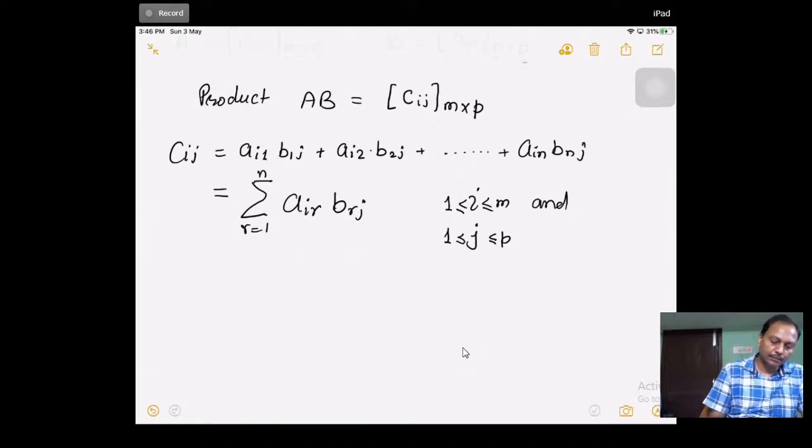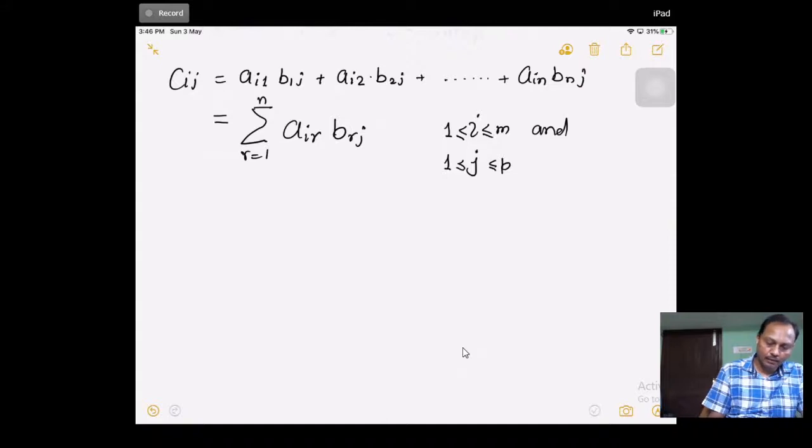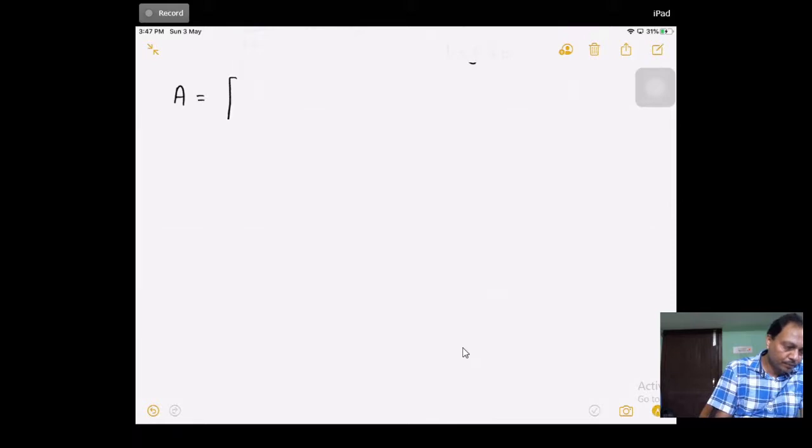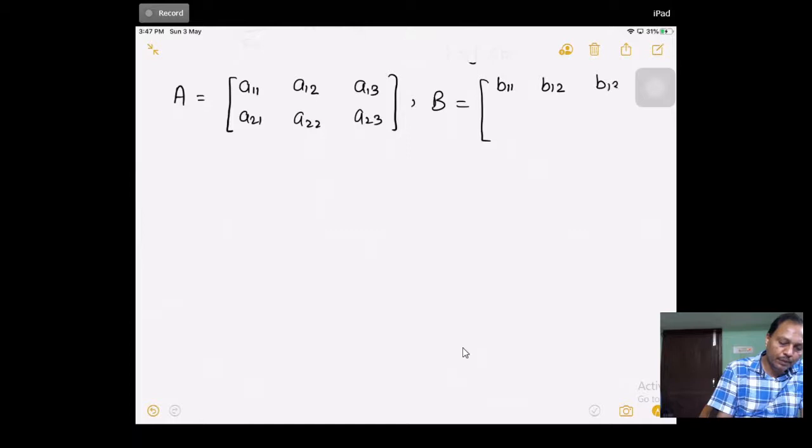By taking one example, we can clarify it. Let A be the matrix with rows A11, A12, A13 and A21, A22, A23. Another matrix is B, with rows B11, B12, B13, then B21, B22, B23, and B31, B32, B33.